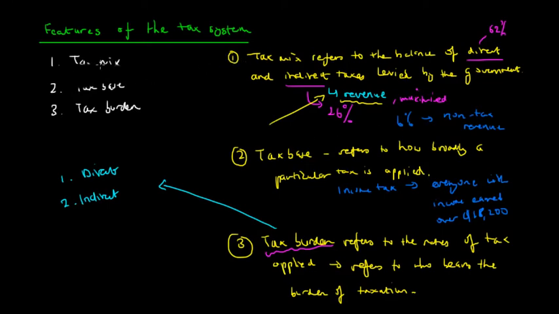We're going to look at how an indirect tax, for example a tobacco tax or an excise duty, will be borne by either the supplier or the consumer, depending on the relative elasticity of demand and supply.